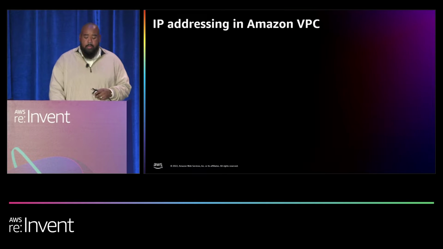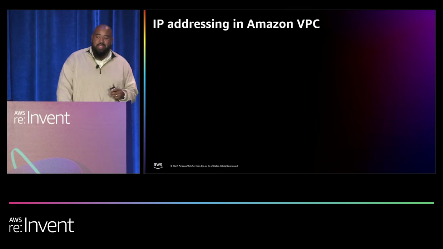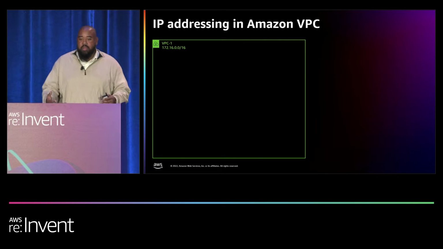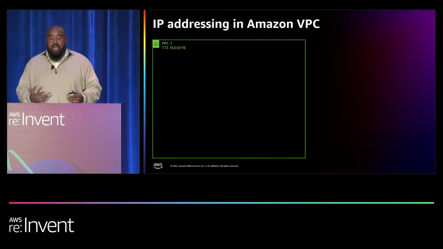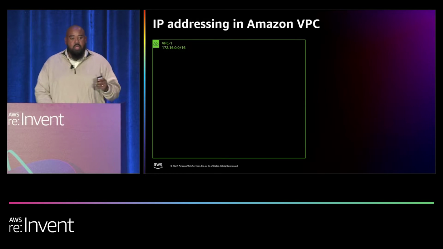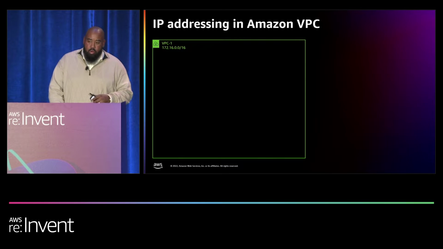When you first start on AWS, I think it's important that we all level set. You may start with the single VPC with an RFC 1918 IPv4 address block, CIDR block, or IPv6, or bring your own IP.